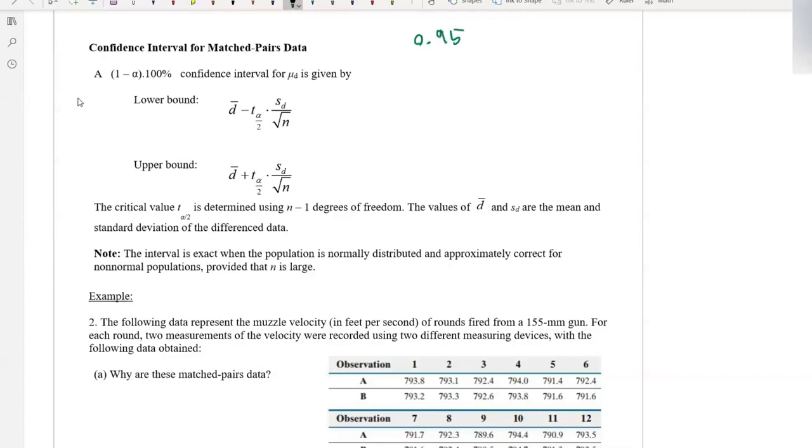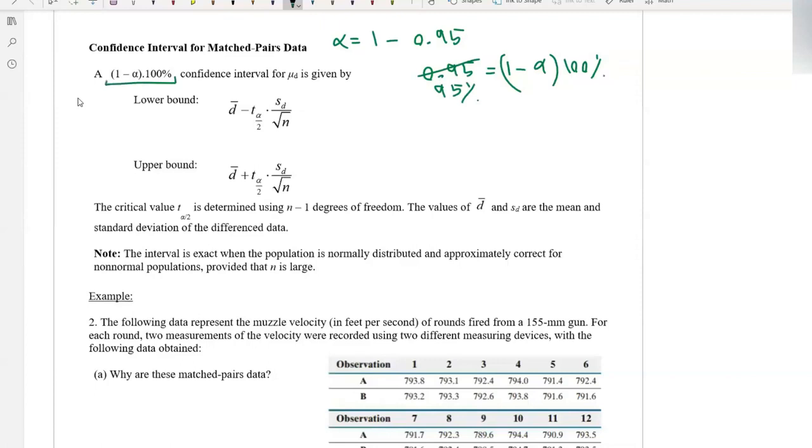For example, if this was given 95%, how we got alpha was 1 minus this: 0.95 is equal to 1 minus alpha, and then multiply by 100%, so this is 95%. So this is what that means.